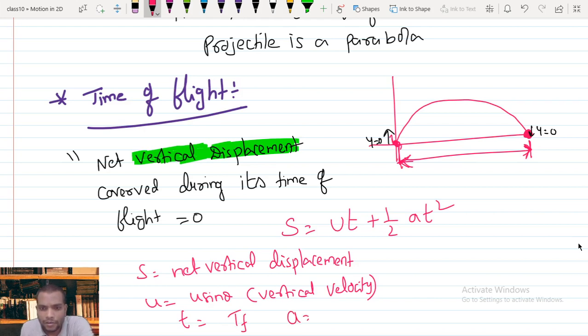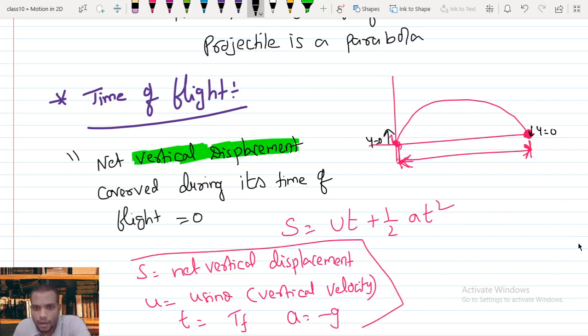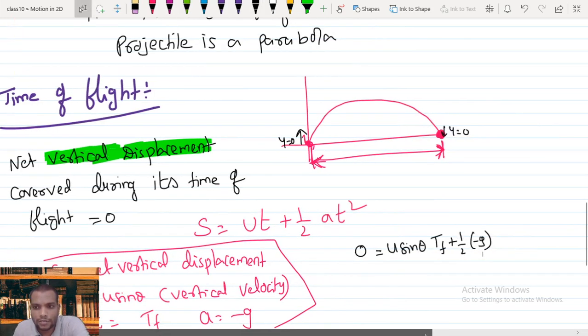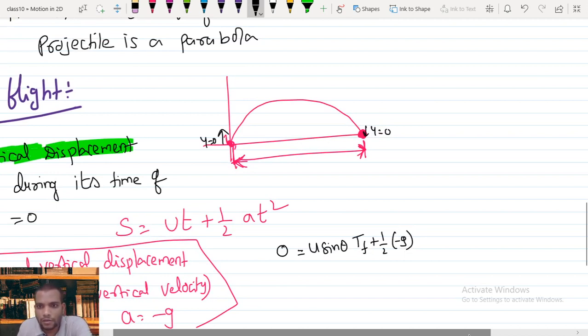And a, that we already know, is the acceleration due to gravity. Now if I substitute this here, s value is 0, equal to u changes to the vertical velocity u sine theta times t, we are calling it time of flight, plus half acceleration negative g, minus g times t square. Here t square equals t suffix f whole square.